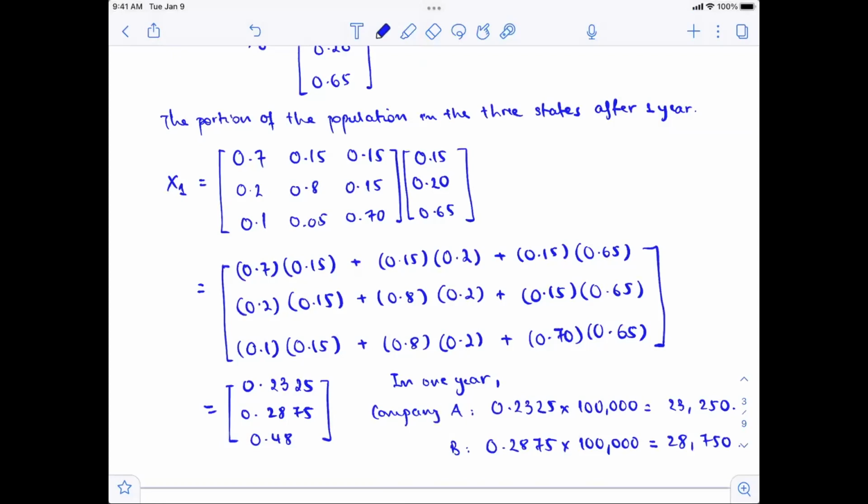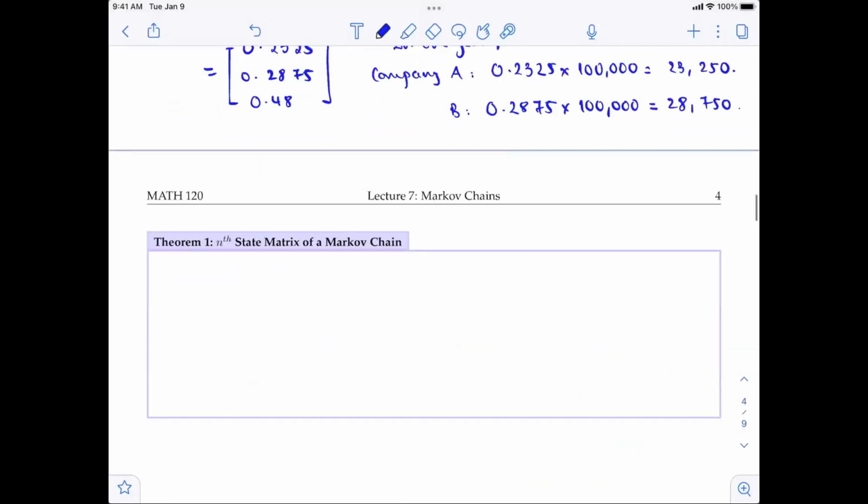Without going through each number in the sequence. Okay, and that is called the end state matrix of a Markov chain.